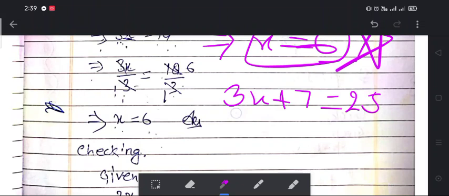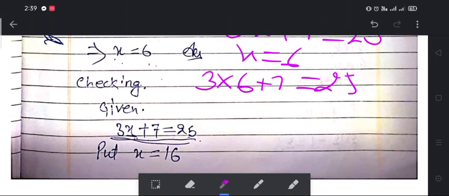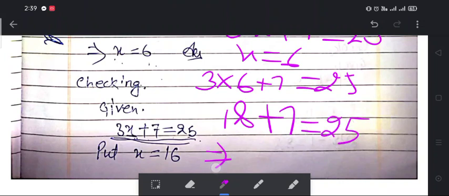Substituting x is equal to 6, we get 3 multiplied by 6 plus 7 is equal to 25, and we get 18 plus 7 is equal to 25, which gives us 25 is equal to 25.